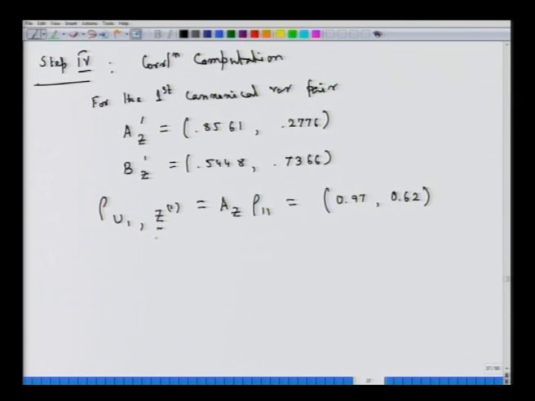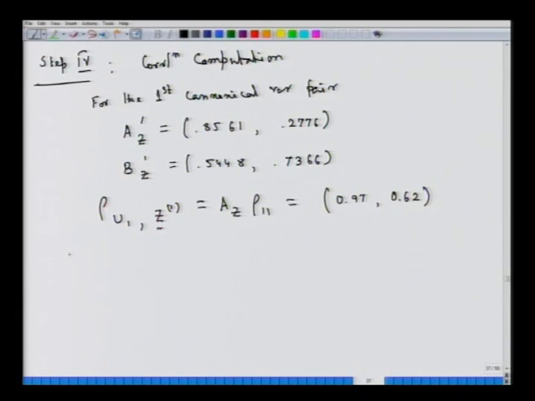What does this indicate? This is coming from the theory part, but what it indicates is important: the first canonical variable u1 is highly correlated with the first component of this z1 vector, with a correlation as close to 1 as possible, 0.97, and the second component of z1 is also fairly highly correlated with the first canonical variable.